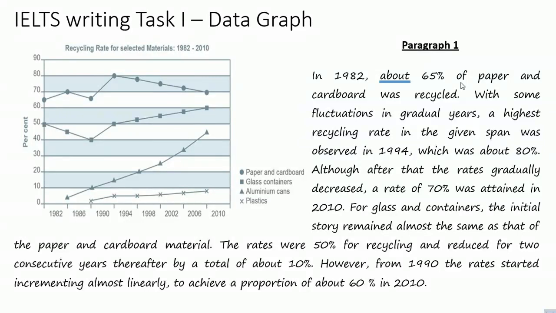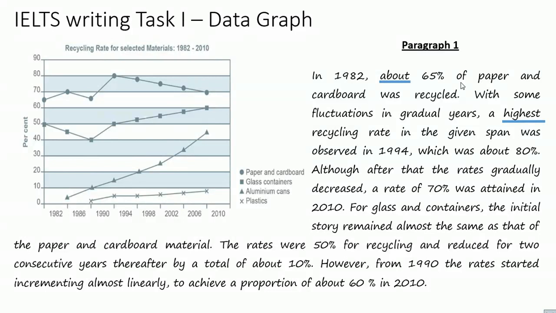Proceeding further, about 65% of the paper and cardboard was recycled. With some fluctuations in gradual years, a highest recycling rate in the given span was observed. Now, I am describing the paper and cardboard paragraph, and I must describe it on the basis of some prominent features.